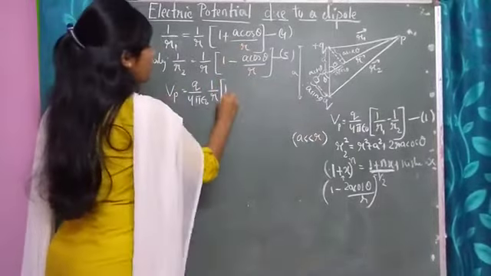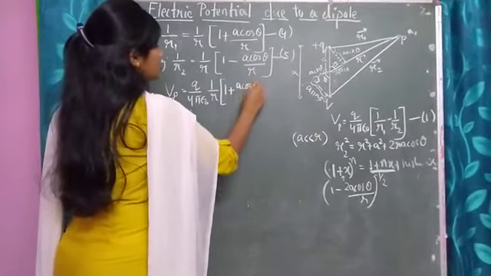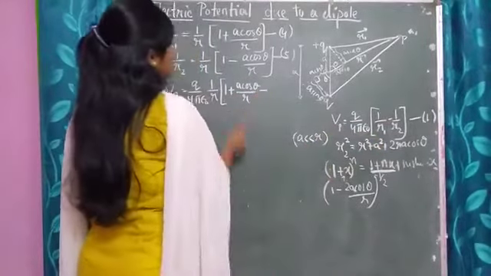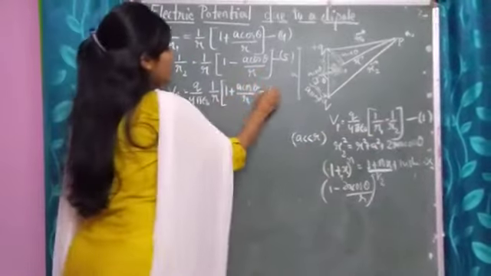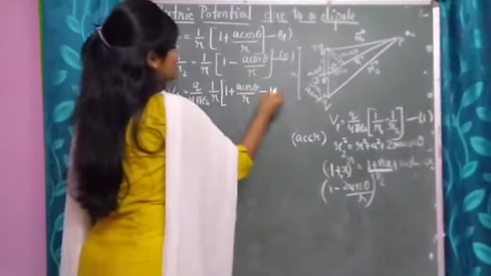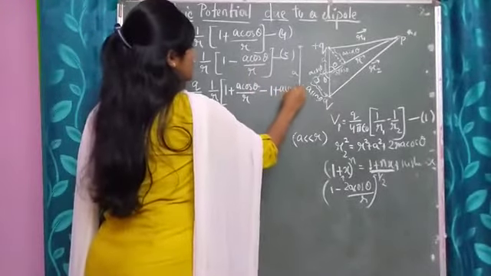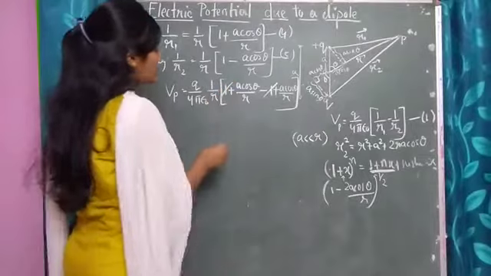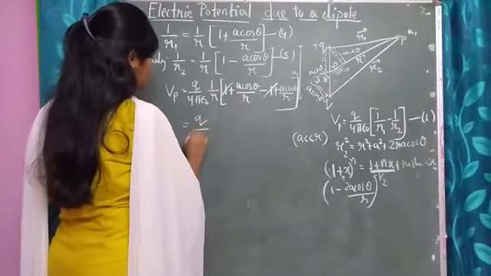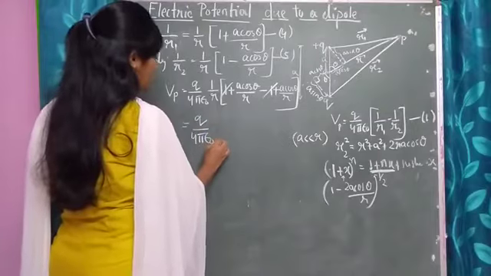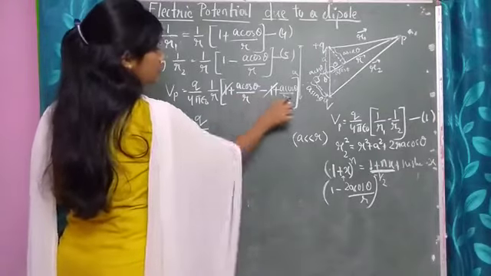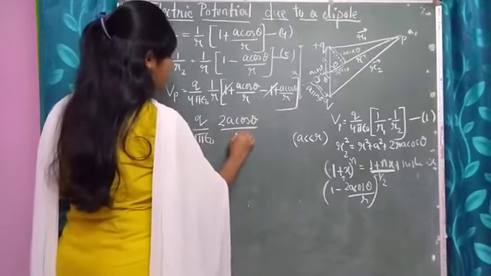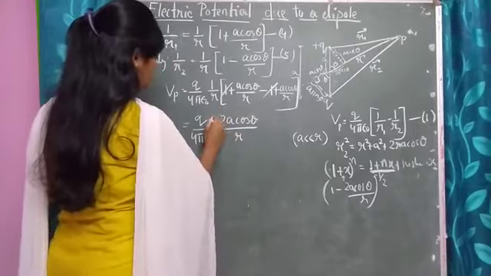Then put the value 1 plus a cos theta by R, and we have a minus here, so minus of 1 minus a cos theta by R. Now this will be cancelled and we have Q by 4 pi epsilon naught times 2a cos theta by R, and another R is here.